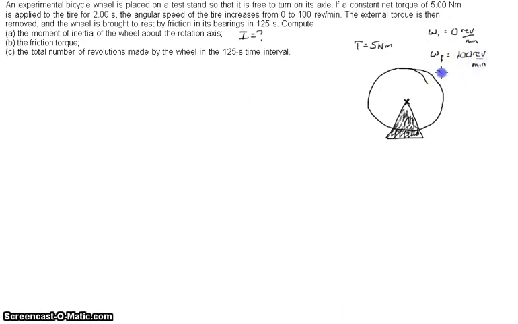And it doesn't say what direction, so I'm just going to say it's going this way. Now, we know it's changing, so if I look at my velocities, we're going to have an angular acceleration going in this direction.